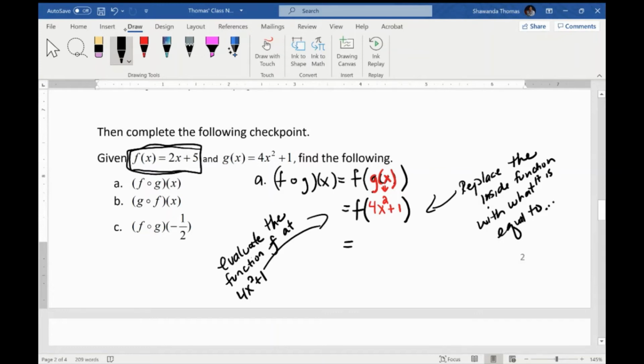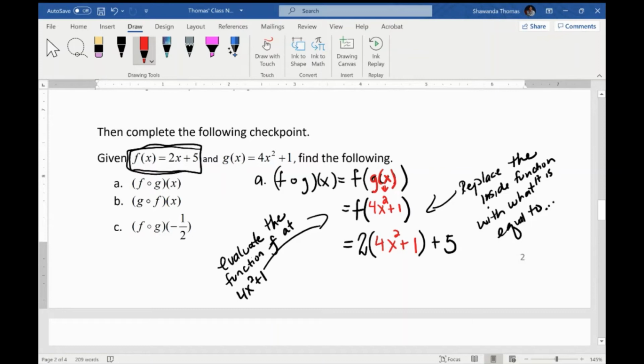If f of x equals 2x plus 5, then f of 4x squared plus 1 must equal 2 times 4x squared plus 1, plus 5. So we're replacing the x in f of x with 4x squared plus 1. We're just evaluating, just like we've done for the last 3 weeks.